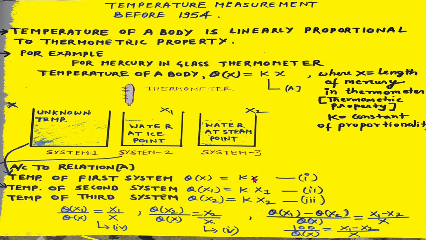And the temperature of the second system, theta x1, is equal to k times x1, where x1 is the length of the mercury when the thermometer was in contact with system 2, and the temperature of the third system, theta x2, is equal to k times x2, where x2 is the length of the mercury when the thermometer came into contact with system 3. This is clear up to now.